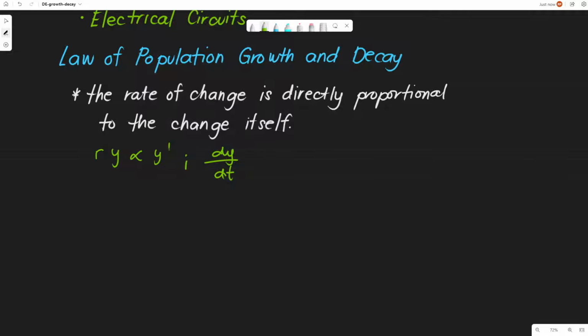This is equivalent to r, the r we had earlier, multiplied by y, or r multiplied by the quantity. So if you're asked what the rate of change is, just multiply the rate itself by the quantity.